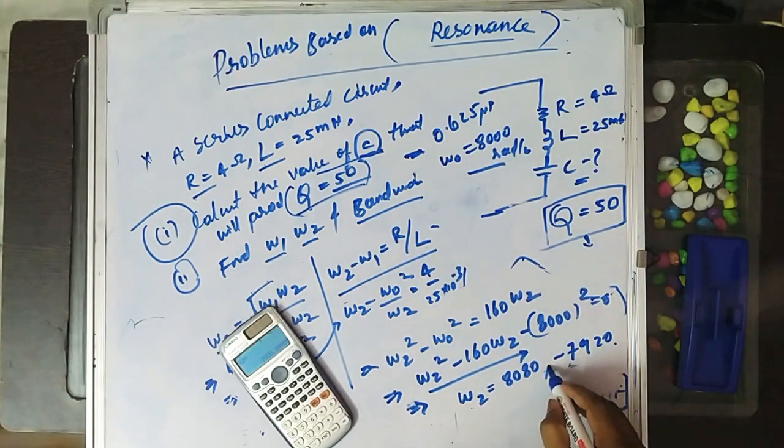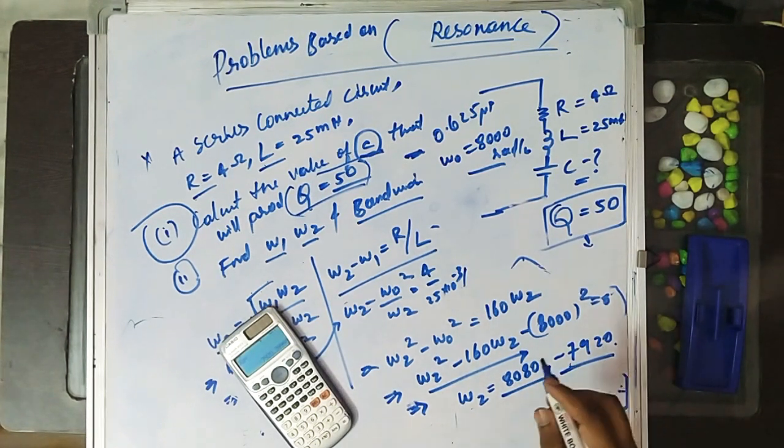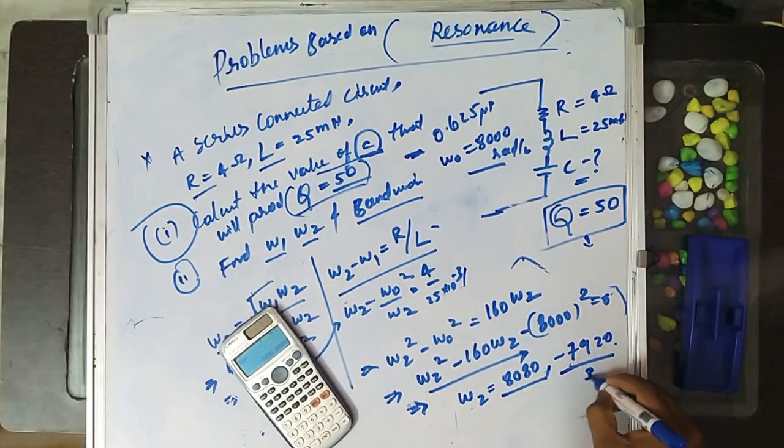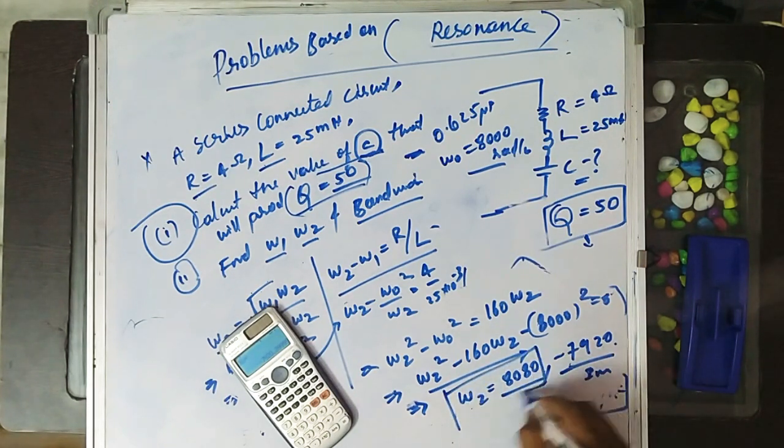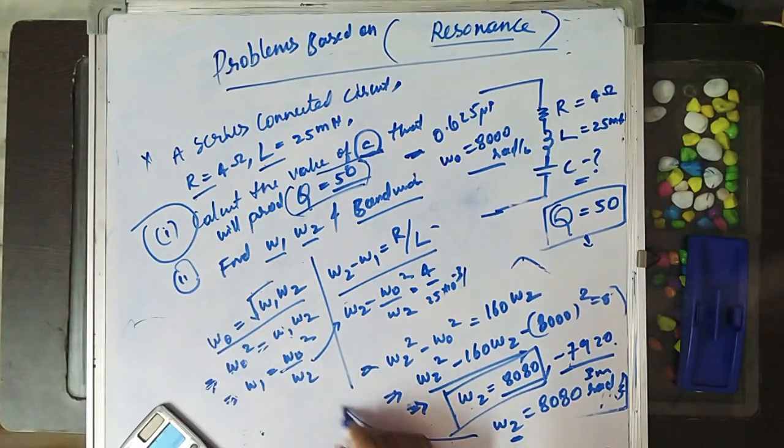This is one value and this is another value. In general the frequency is not a negative quantity, so this is invalid. Valid is omega 2. So you got omega 2 equal to 8080 radians per second. Substitute this value here.